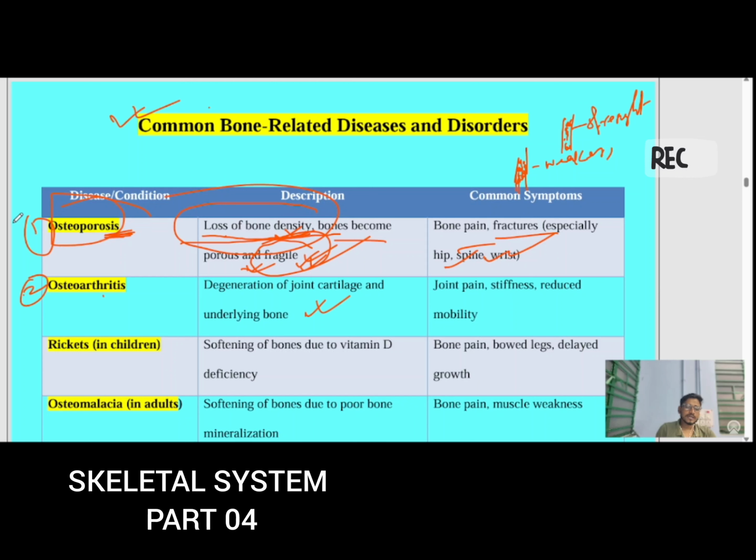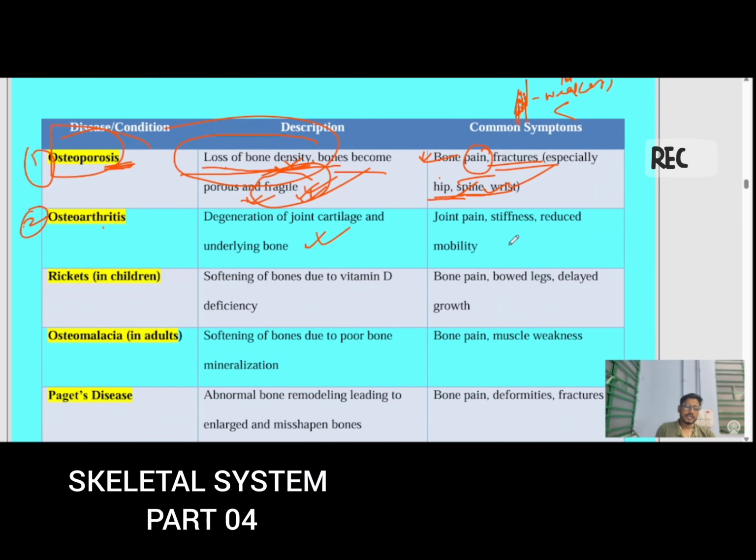If someone has osteoporosis, then the person feels some pain and fractures. Because bone density is weaker, it can easily fracture and break down. So what is the cause of osteoporosis? The loss of bone density. Mind it, loss of bone density.